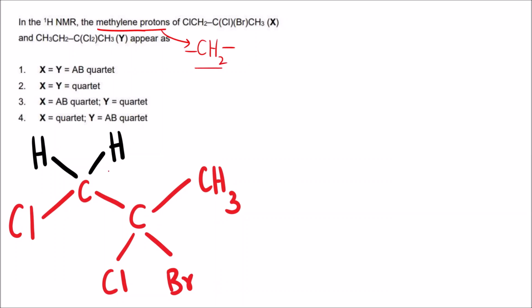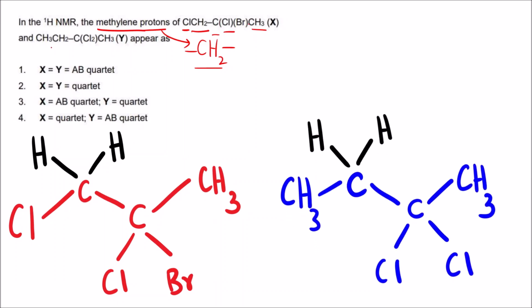This black one I have marked. This is the first molecule. You should know how to draw it: first write Cl, then CH2, then CCl, then Br and CH3. Brackets mean they are branched, or you can say substituents. Similarly, the second molecule will be like this. The first one is X, the second one is Y.